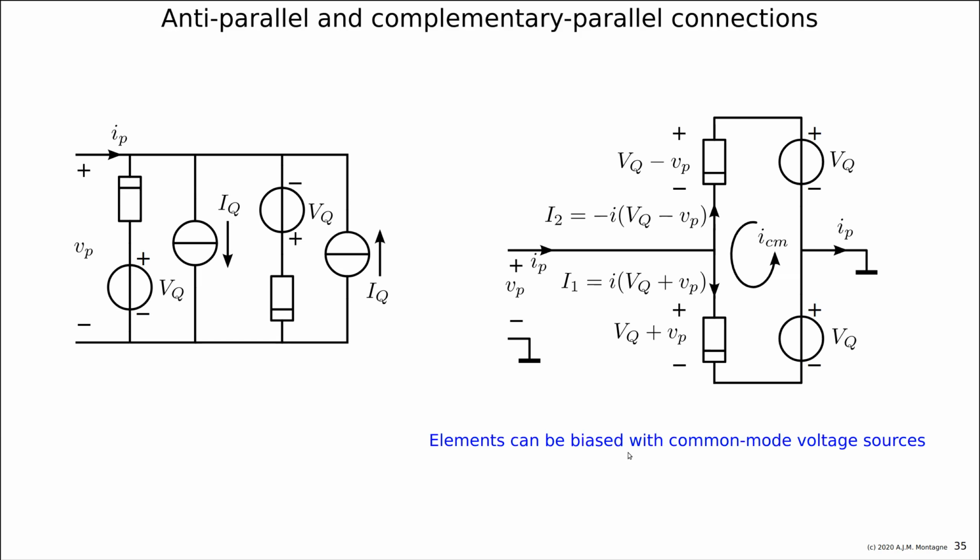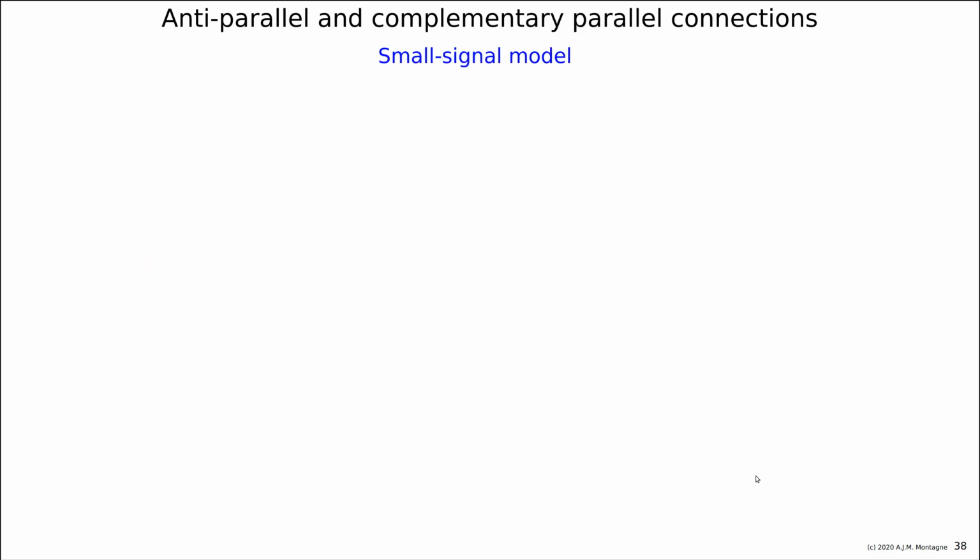So elements can be biased with common mode voltage sources, that is exactly dual to the other situation, and bias currents appear as common mode current in the circuit. Also, we can make a small signal model, and I think you can already guess what is going to happen. It will just be the parallel connection of the two admittances, and you find them as a derivative, of course, of the VI curve of the original devices in the operating point.